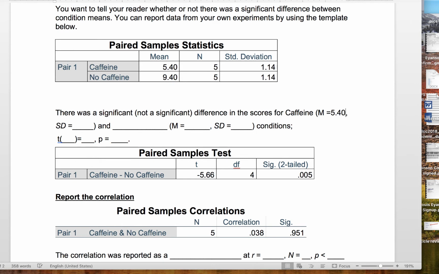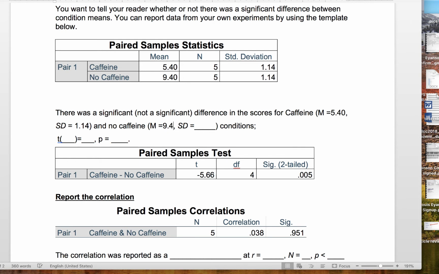Okay, and then I'm going to take out this line, and I'm going to type in the words no caffeine. Okay, now we're going to look at the no caffeine numbers. Slide this over here, and I'm going to make this 9.40. And over here, I'm going to make this 1.14. Okay, now we have to do our little formula.